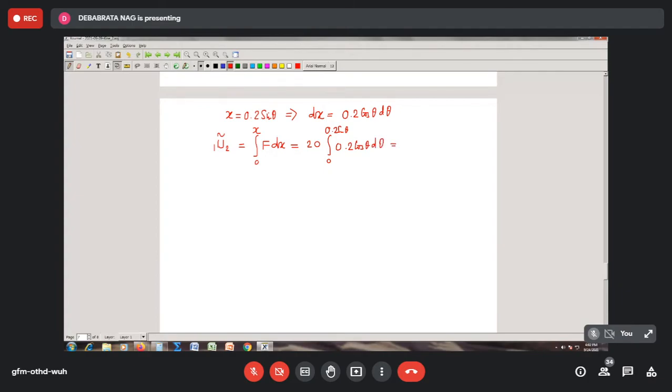So 20 into 0.2 will make it 4, and it will be equal to 4 sine theta.